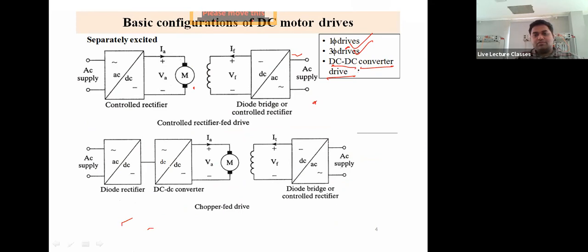If you want all four quadrant operation, you can go for maximum four quadrant operation, or if you want one quadrant or second quadrant, you can go for class C choppers or a four quadrant chopper, right? You get an uncontrolled diode rectifier at 40 rupees for the four diodes, and then employ a MOSFET or IGBT based DC-DC converter. Wouldn't it be nice?